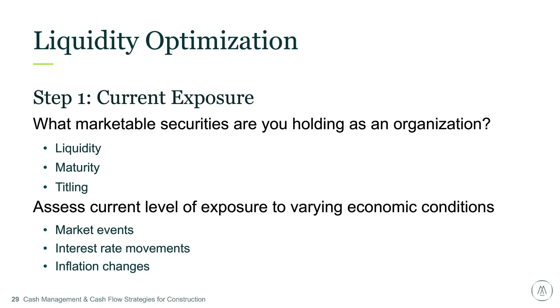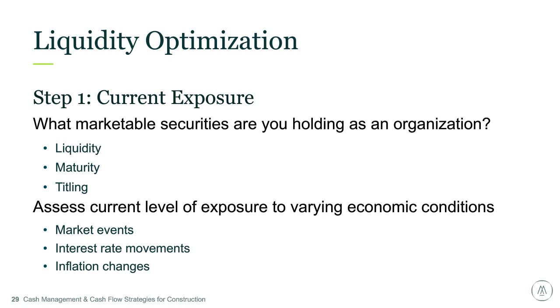This is really where we recommend going through 5 different steps to determine a prudent way to structure your liquidity. And we think going through that process will uncover some opportunities today, but probably more opportunities in the future. So the first step here: take a look at your current exposure. What marketable securities do you have on hand, and what's the status of the liquidity, maturities, and titling of those assets? This could be really easy.